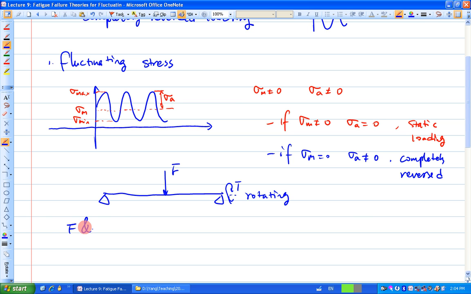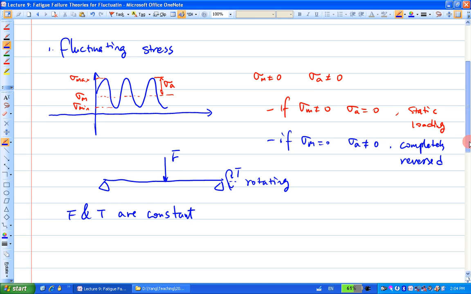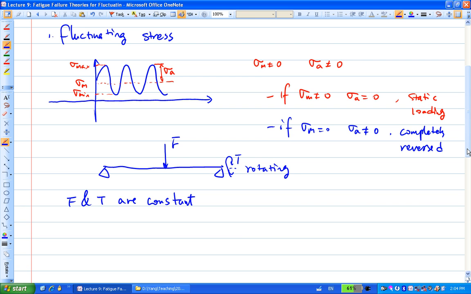So F and T are constant here. And you know what, actually, I'm jumping ahead of myself a little bit. This is actually in the future my combined loading case. Keep this one in mind; we'll draw this figure a little bit later. So this is actually combined loading.